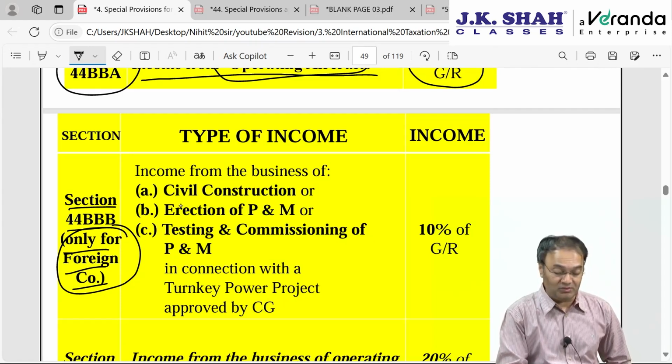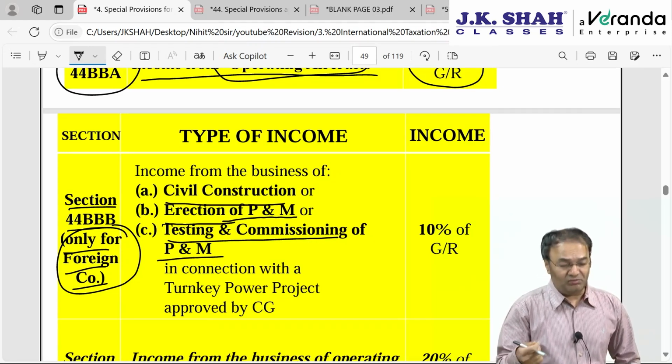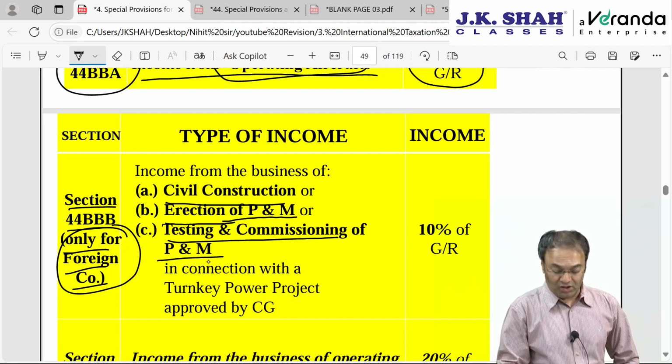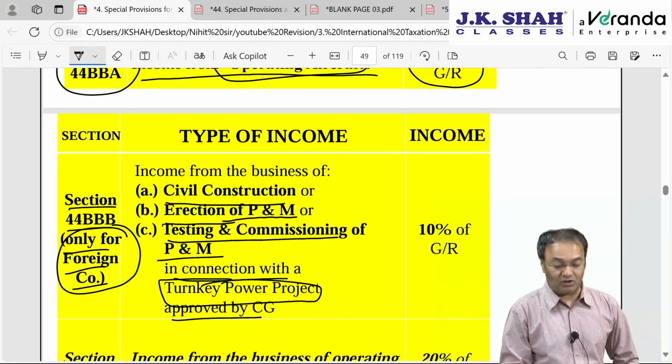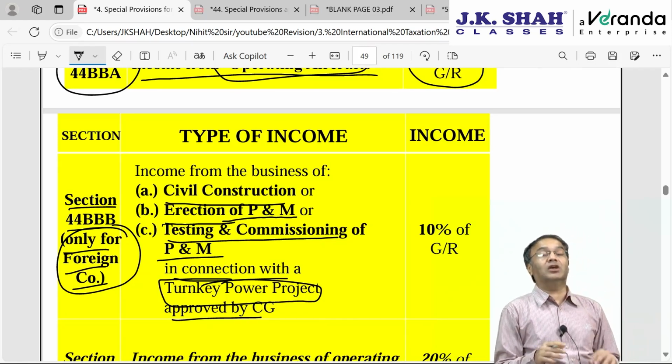Three types of income: income from the business of civil construction, erection of plant machinery, testing, commissioning. Commissioning means starting, means they will keep it ready to use, of plant machinery in connection with the turnkey power project approved by the central government. Turnkey means a single person doing everything.